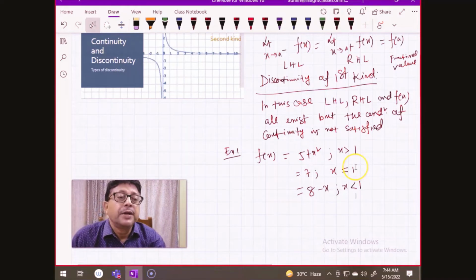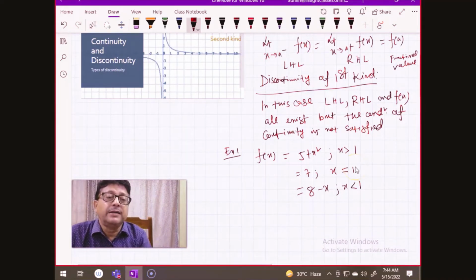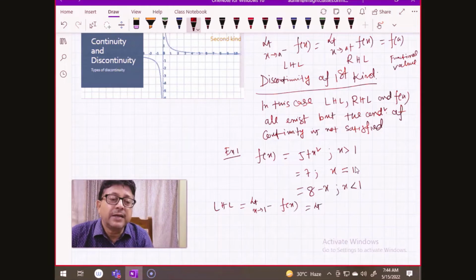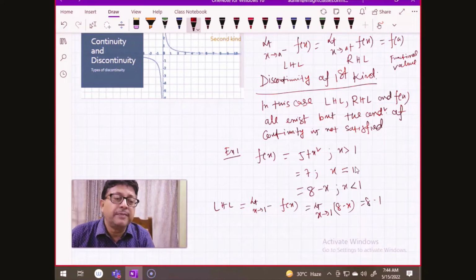If you want to find the left hand limit, we write limit x tending to 1 minus f(x). This is nothing but limit x tending to 1 of 8 minus x. This part you know, this is 8 minus 1, that is equal to 7.